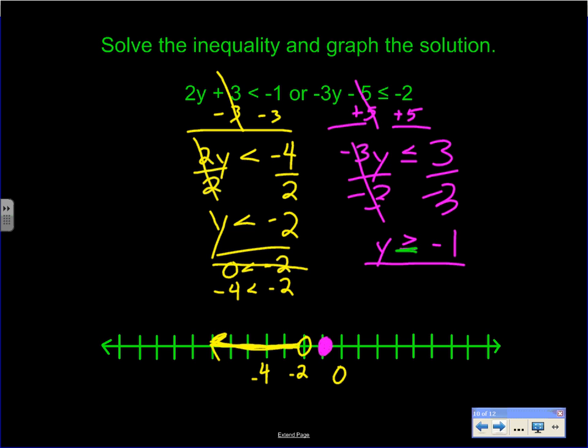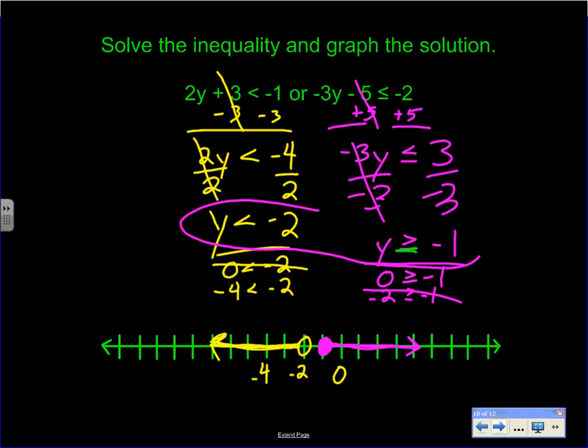Let's pick a number to the right of the negative 1 and a number to the left. Which one's true? Is 0 greater than or equal to negative 1? Is negative 2 greater than or equal to negative 1? It would be 0. So the arrow points towards 0. And there would be the graph of your solution.